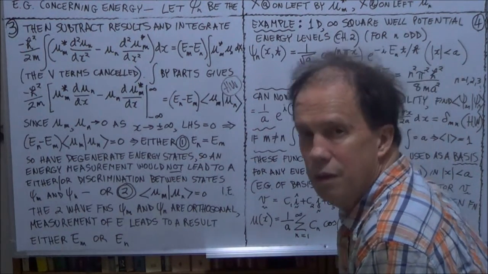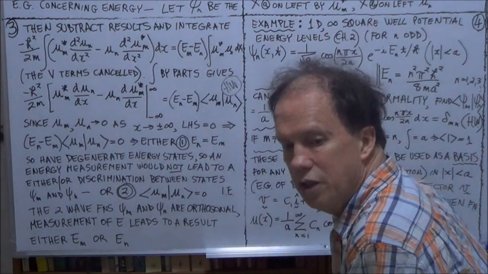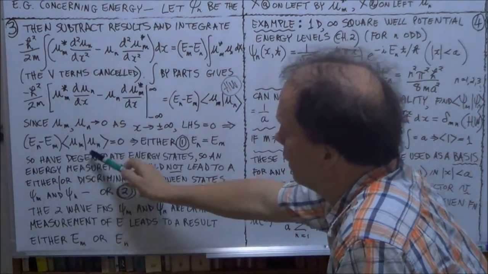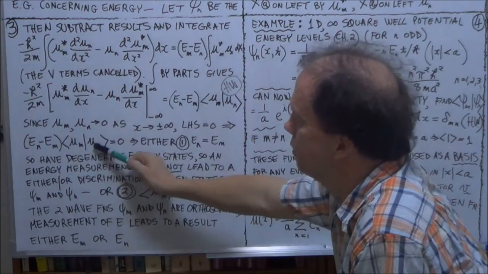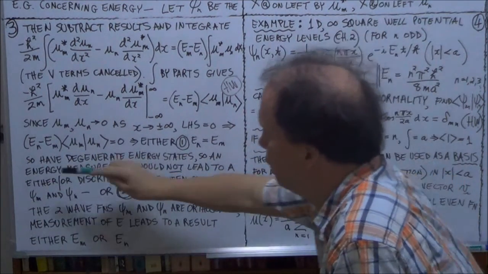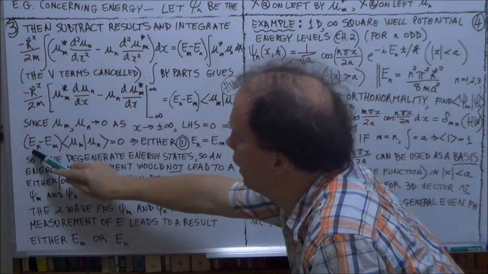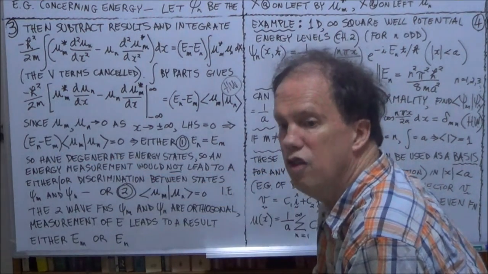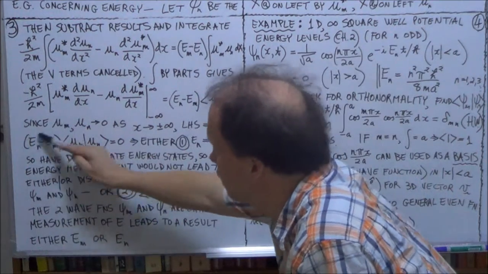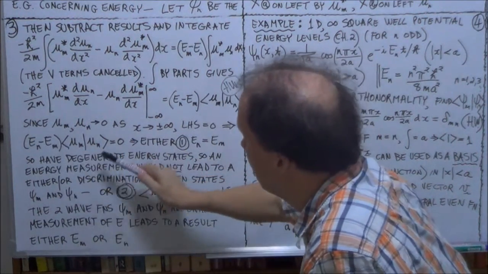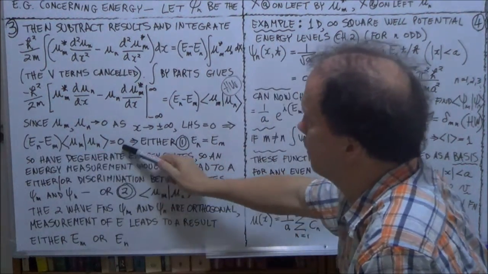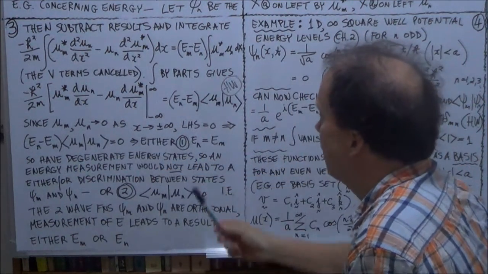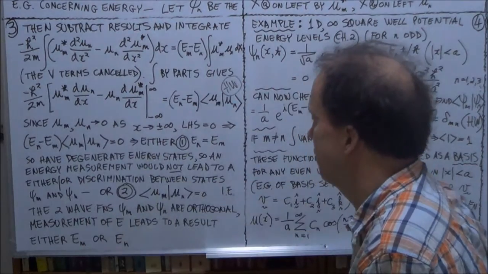So assuming we do not have a degenerate system, then the overlap integral of these two wave functions that give different values, we're now assuming En and Em are different, in other words, non-degenerate, right? So this term here is non-zero, and the left-hand side has to be zero. Therefore, this bracket is zero. And that's the orthogonality we're trying to prove.